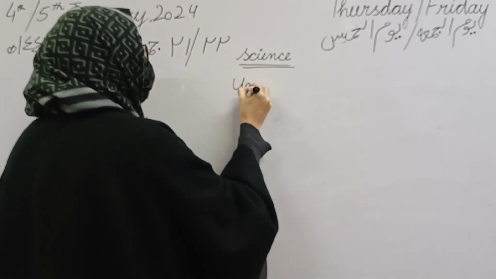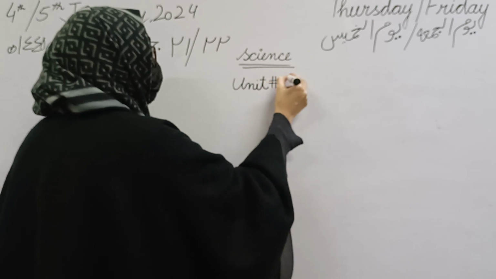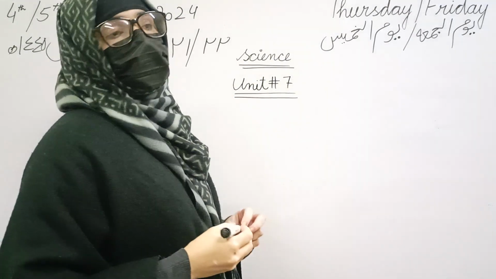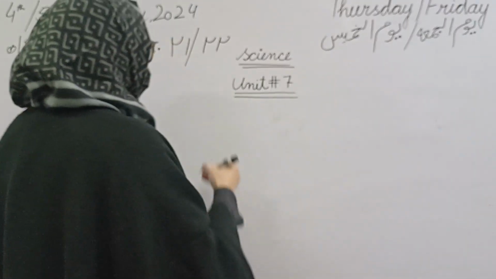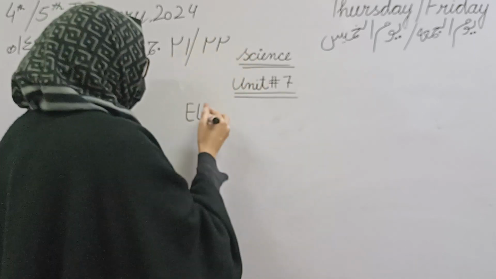So, we will start a new unit. The unit number is 7. What is the name of unit number 7? Let me tell you. First of all, let's guess.